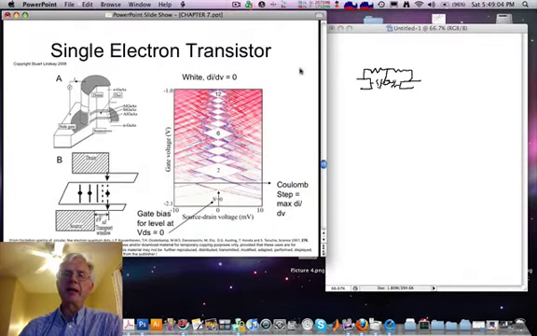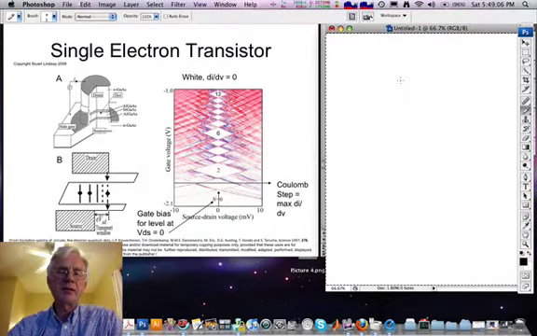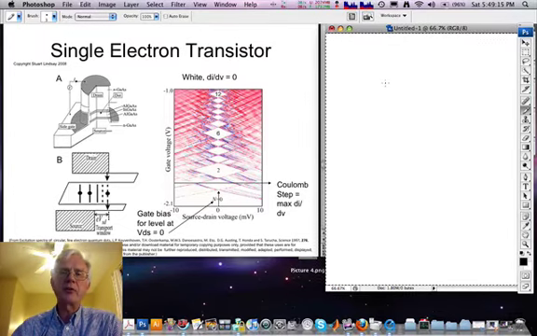Most interestingly, single electron transistors can reveal some quite remarkable features in the Coulomb blockade. This is an example of a single electron transistor made from a columnar structure of semiconductor.